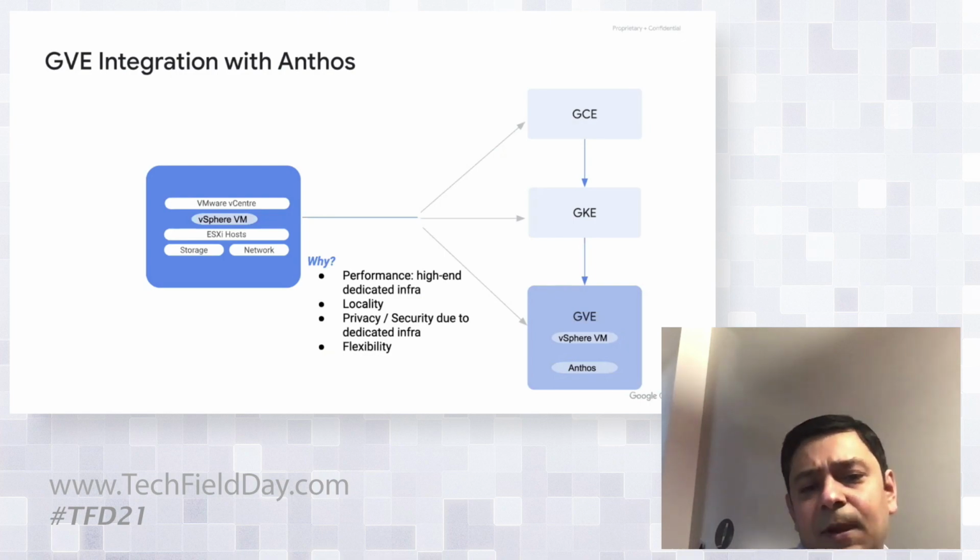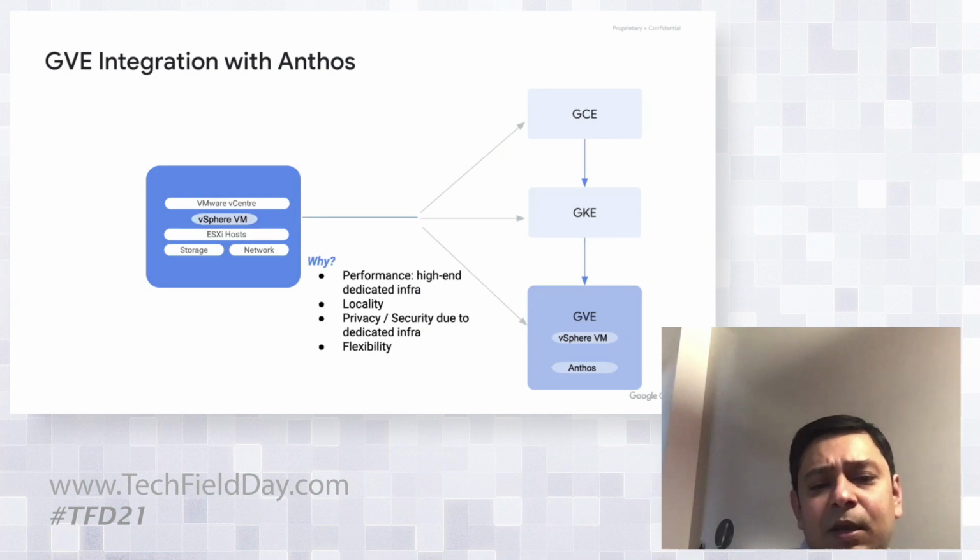The first is performance. GVE provides a high-end dedicated infrastructure, which is isolated and dedicated to a customer. So in use cases where application performance is critical, this is a potential good fit. In use cases where customers care about locality and want the environment to be in a given region, it is a good fit where public cloud environments may not be applicable.